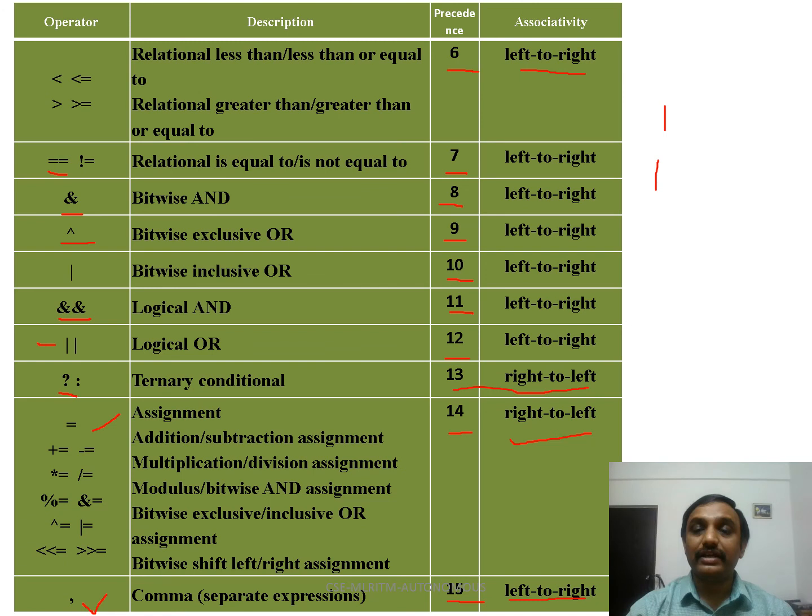The operator which has precedence value 15 has the least precedence. So from 1 to 15 precedence level decreases. In the case of associativity, some are left to right associativity, some are right to left associativity. So to evaluate complex expressions, mainly we have to follow this precedence table. Thank you.